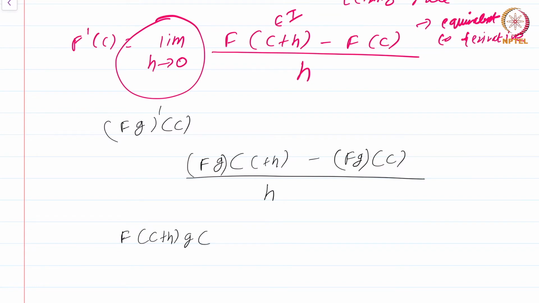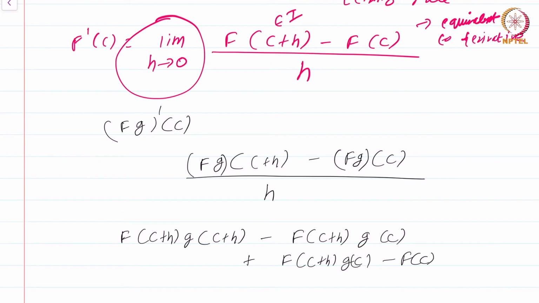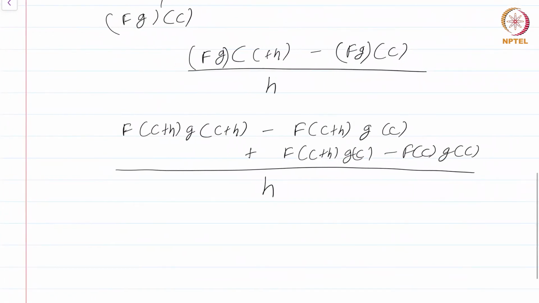g of c plus h minus f of c plus h, g of c, plus f of c plus h, g of c minus f of c, g of c, by h. The standard plus minus, add something, subtract something, that gives you the answer.